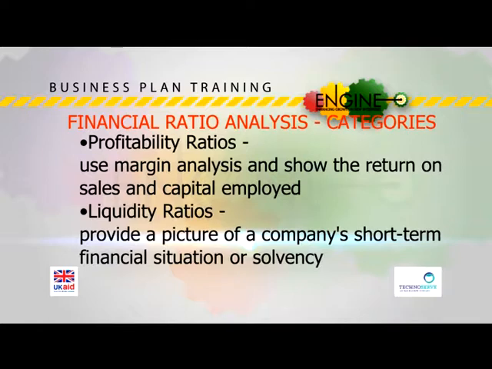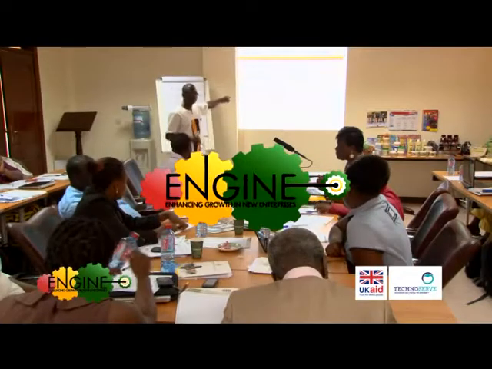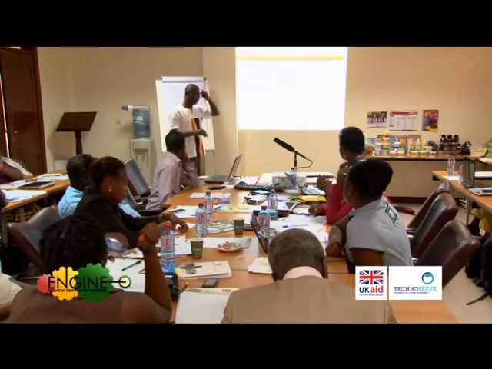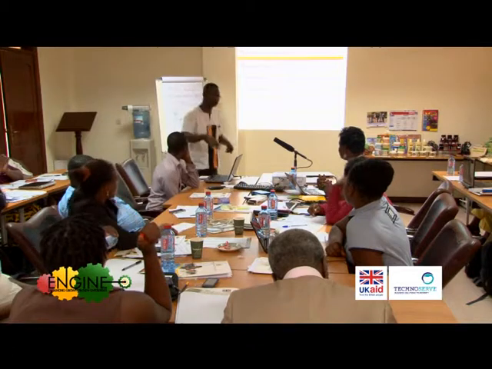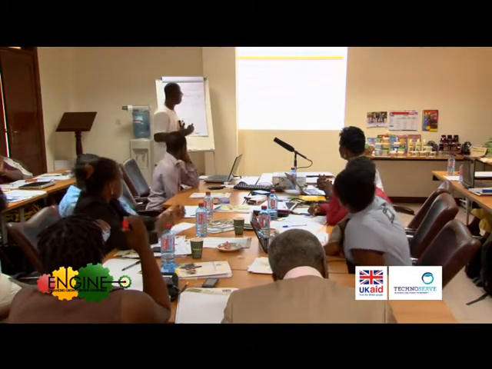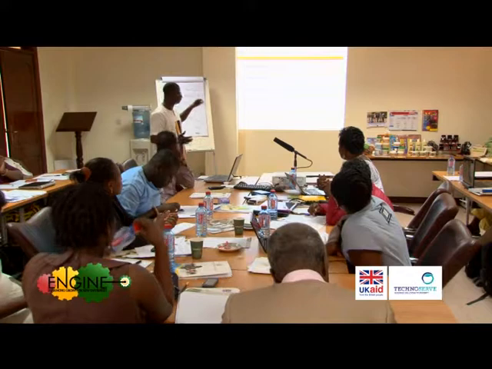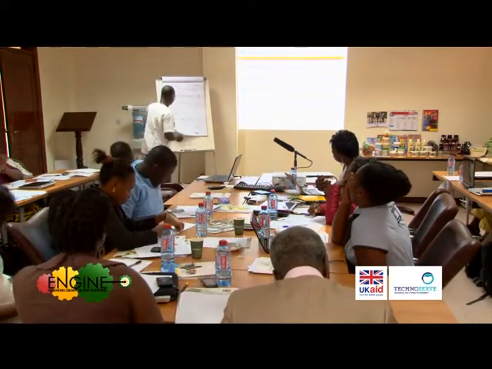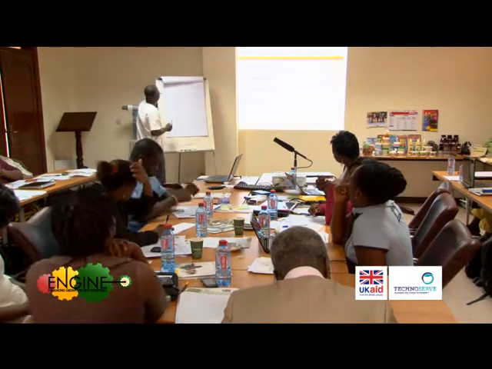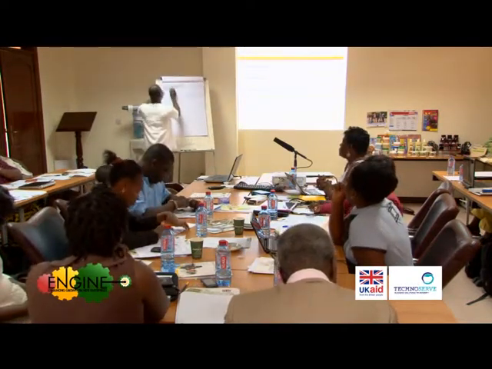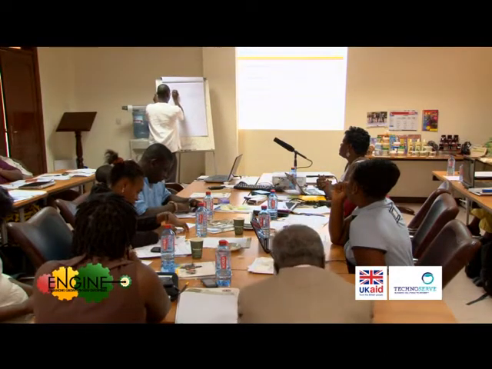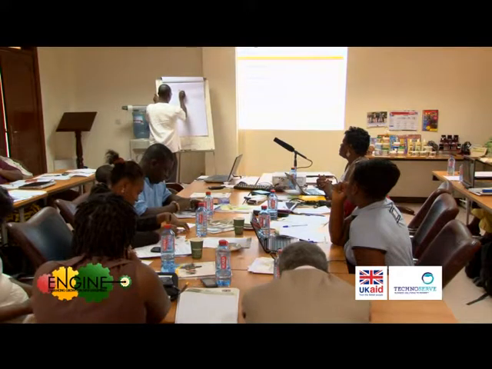That one we use our balance sheet. Okay? We use our balance sheet, which I think we'll see if we can prepare it. But when we look at the balance sheet, there are some figures that we use. Those of us who are familiar with balance sheets, we know basically we have what? If you look at the balance sheet, you have your current assets, right? And then you have what?